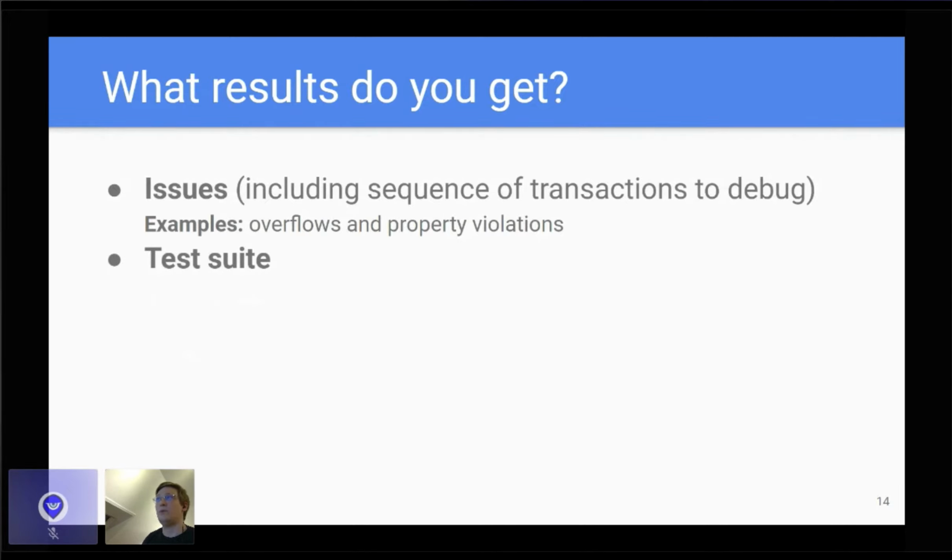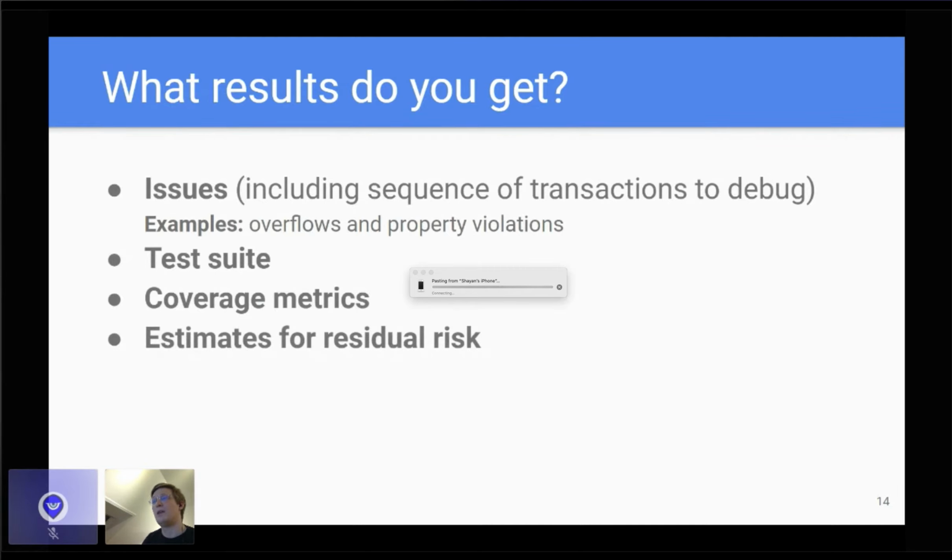You can also get a test suite from Harvey or coverage metrics that help you determine how well the contract was covered. We're also working on giving you some number for the residual risk that maybe some issue was not found by Harvey. But this is still work in progress. And it's a very difficult and challenging topic.